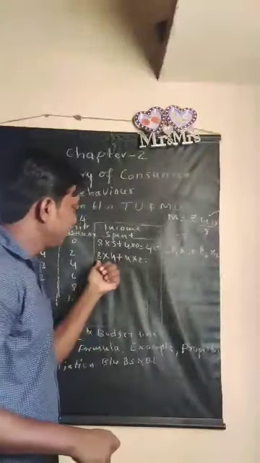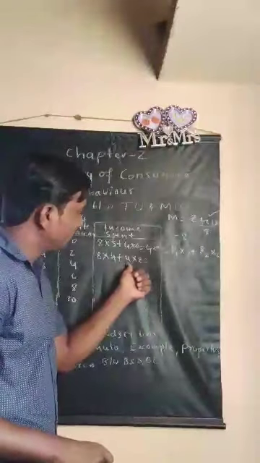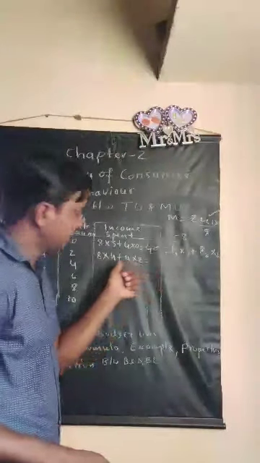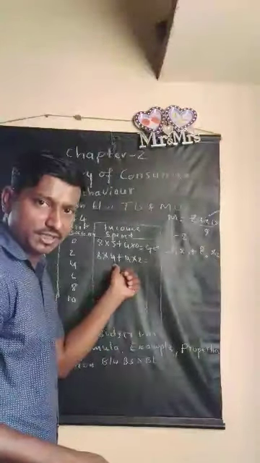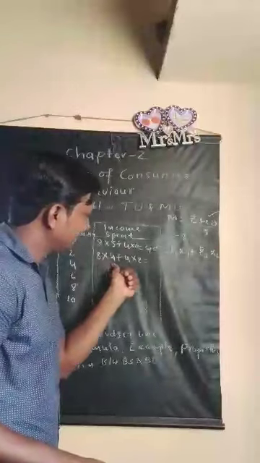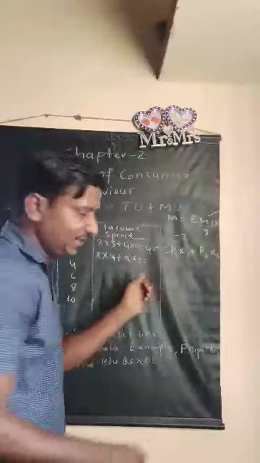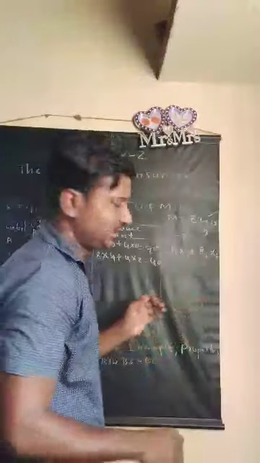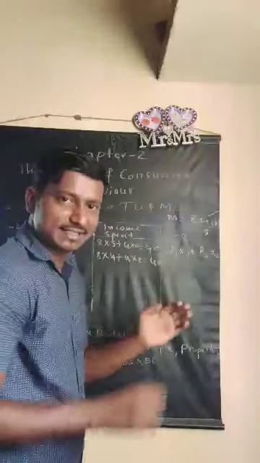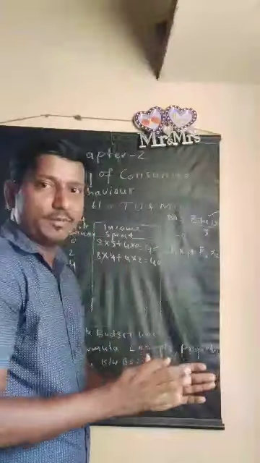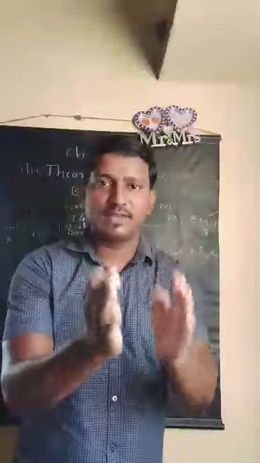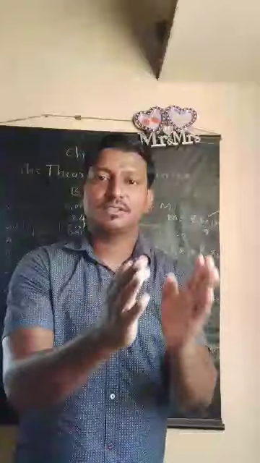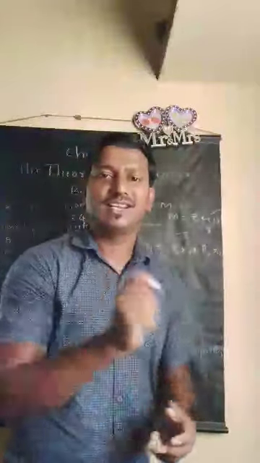Now, 8 fours are 32, 4 twos are 8, then the total will again be 40. Getting it? So this is how we again get the same, which means we have made a combination where the total income and the total cost are one and the same.